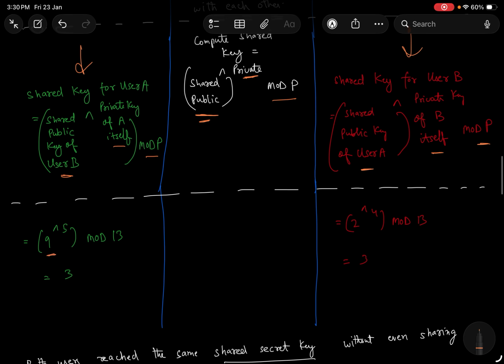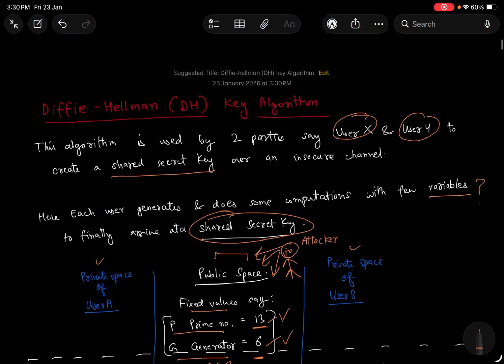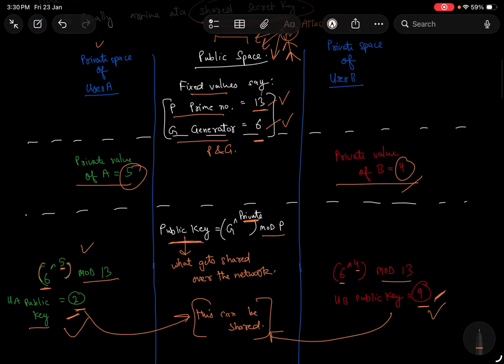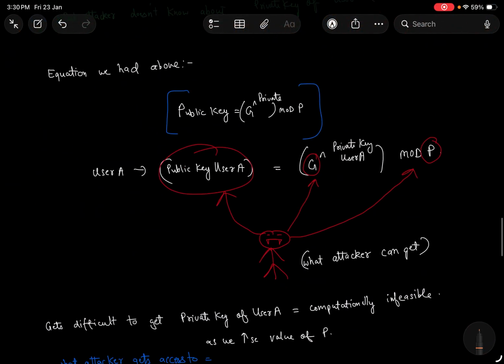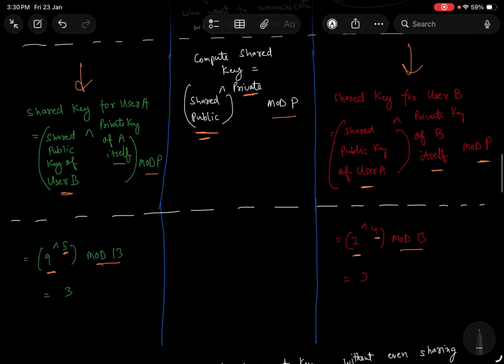So we plug in 9 and 2 with respect to their own private keys, and then modulo with the fixed value, which is 13, which we defined above. If you go at the top, you can see P's value was 13.